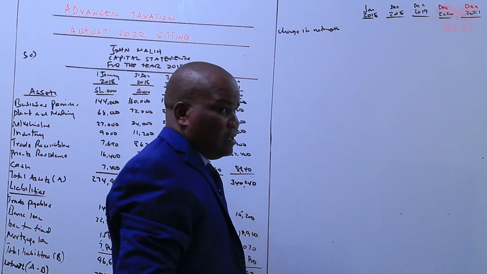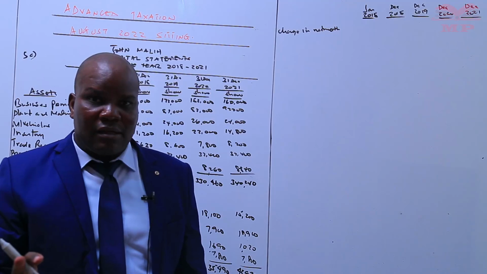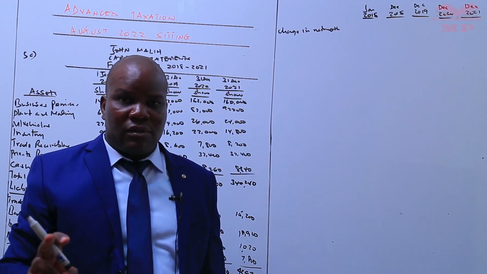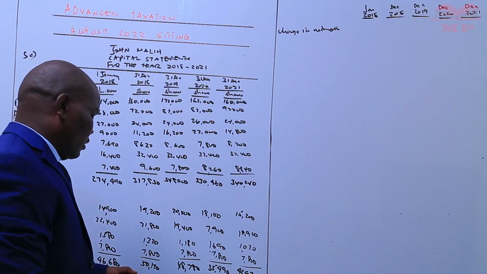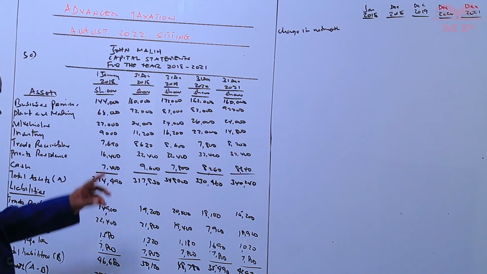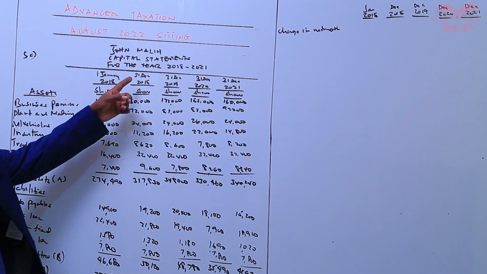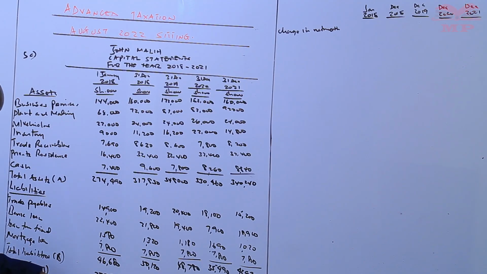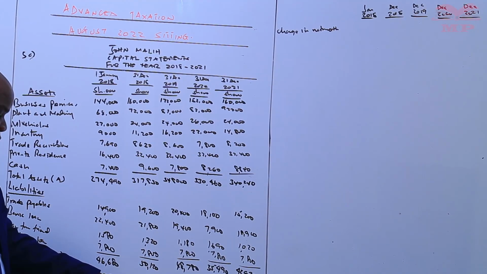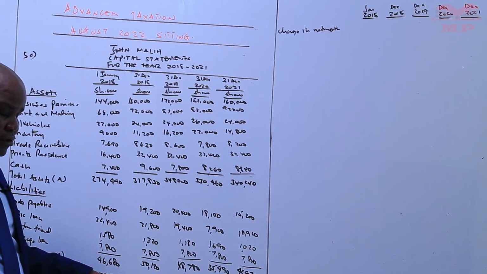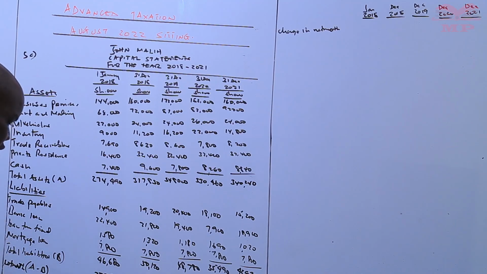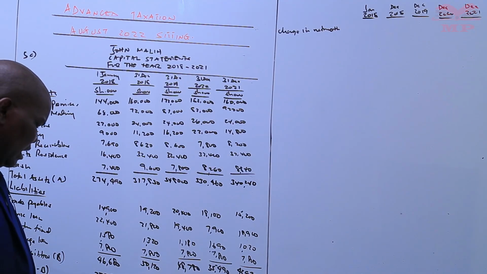Now capital can change as a result of four factors. One is profits or income, two, losses, three, additional investment, and four, withdrawal. So what we do is simple. Like we have 2018 here, December and January. We compare the capital of the firm as at 2018 December with that capital as at 2018 January. The difference between those two figures will tell us what happened during this particular year.